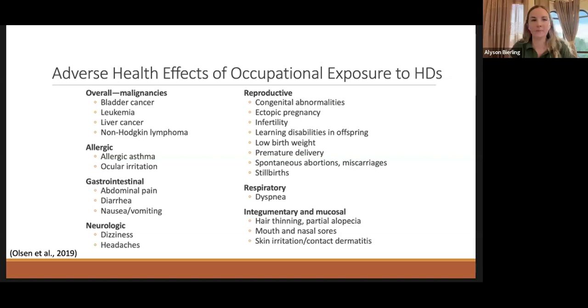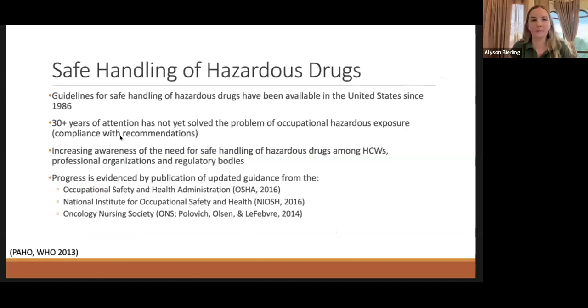So just some history of safe handling guidelines. Safe handling guidelines for hazardous drugs such as chemotherapy have been available in the United States since 1986. And even with all of these safe handling guidelines, it hasn't completely solved the problem of occupational exposure to hazardous drugs.